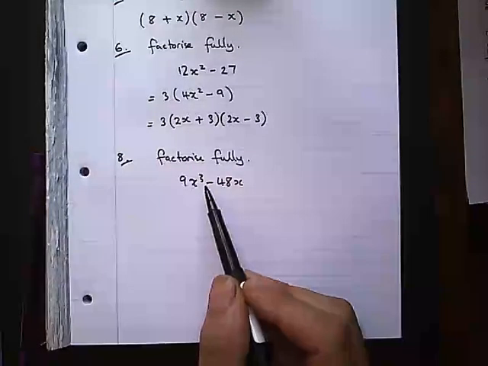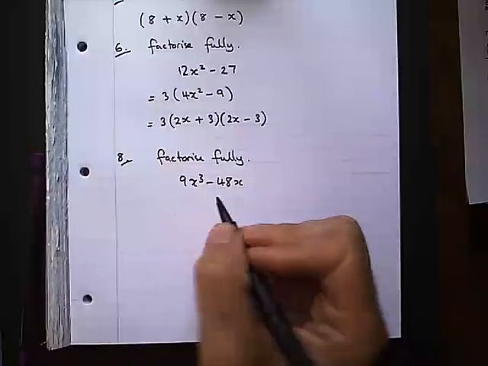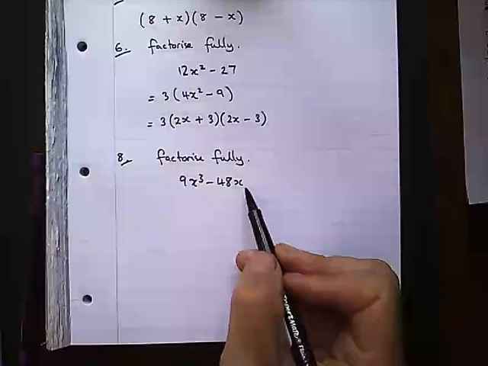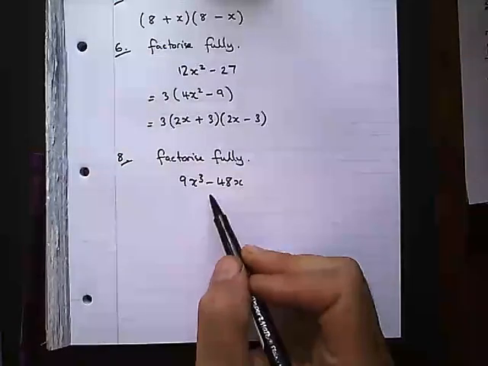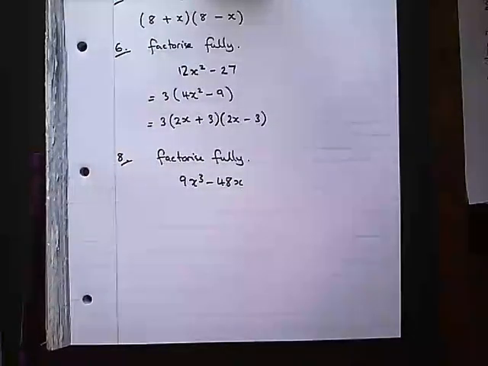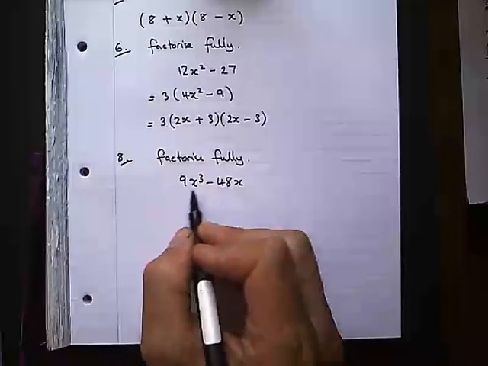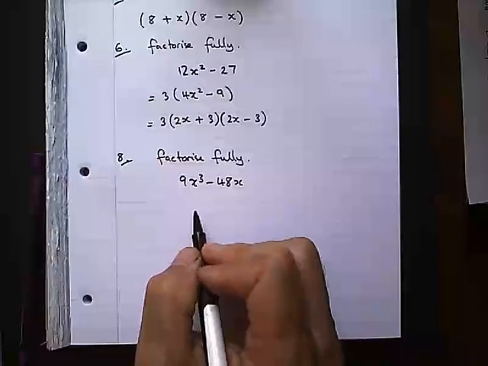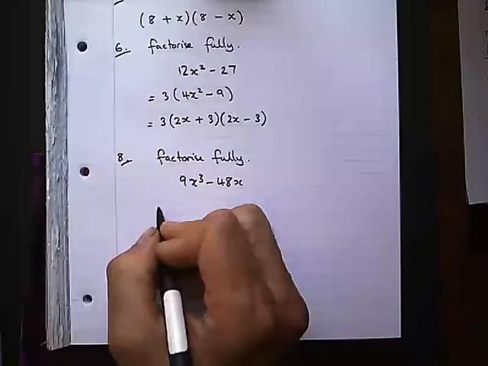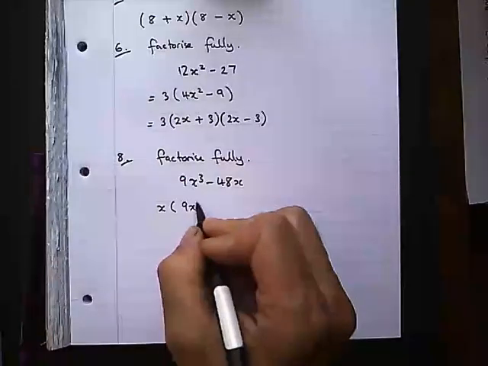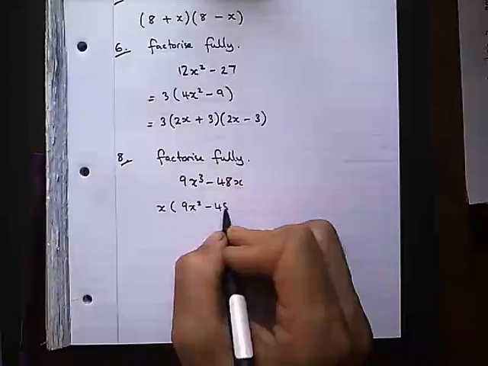This one is a cubed term. But because there's an x in each term, I can turn this into partly quadratic and partly linear. If I were to factor out an x, then I would be left with an x squared. So let's do that first. I've got x lots of 9x squared minus 48.